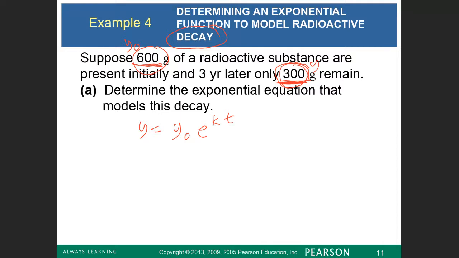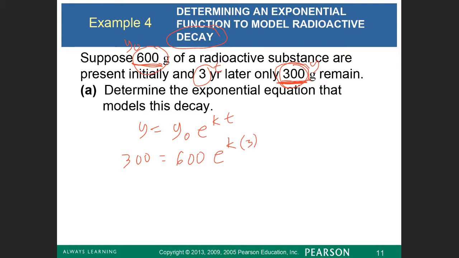So we'll have 300 for y, and remember that our 3 here is our time. So y sub 0 is 600. Then e to the k, the t is 3. So we can find our k now.